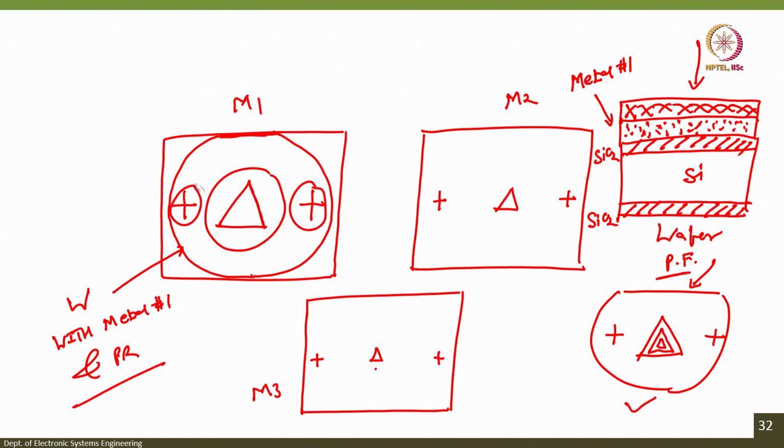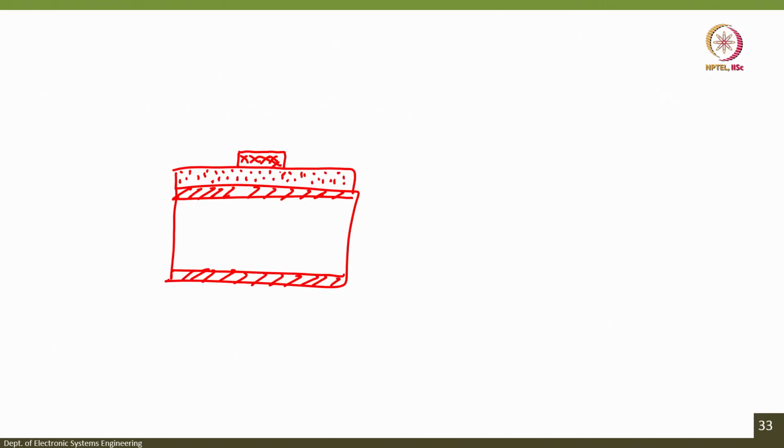There the photoresist will be there, and below the photoresist the metal will be saved. So, we have to do hard bake followed by metal etching. Metal 1, which is this one: if I dip this wafer in metal 1 etchant, what will I have?